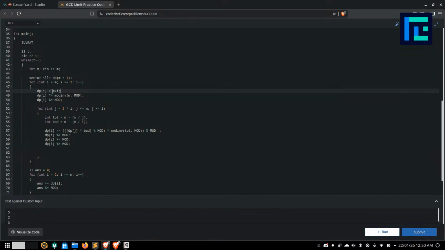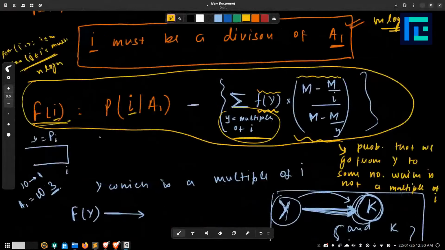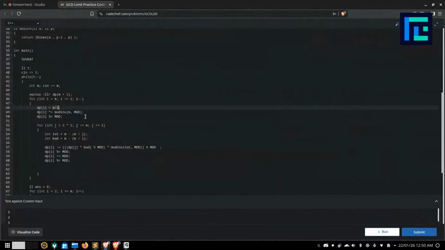Initially, capital F of i is the probability that a1 is a multiple of i. For a1 to be a multiple of i, we have m by i favorable choices, and total choices m. So dp of i is m by i upon m, and then we subtract this.